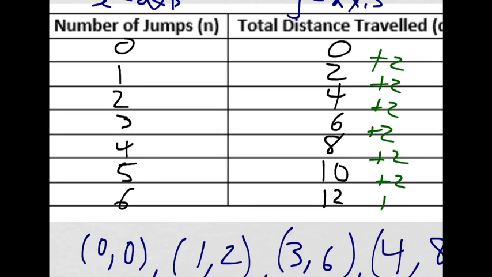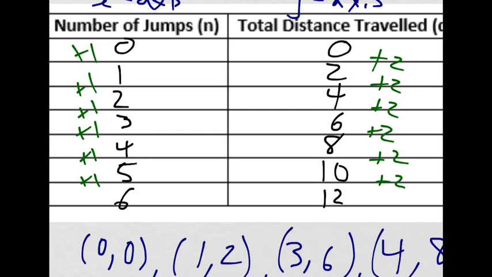And the left side, how much are we going up by every time? 1. Going up by 1, up by 1, up by 1, and so on. That shows that it's a linear relation. So the answer to that would be yes, because each column goes up by the same amount every time.